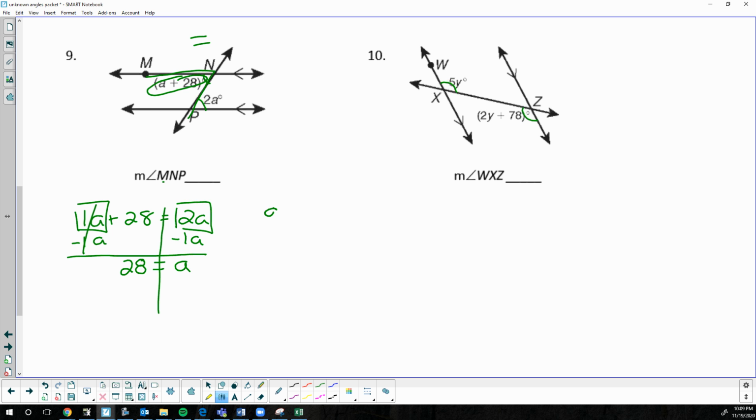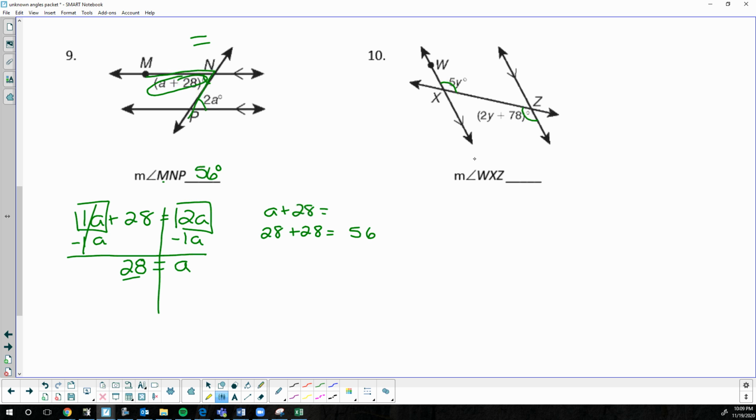So a plus 28. Anytime we see an a, we're going to put a 28. 28 plus 28, put that in the calculator, count up, do it in your head. It's 56. We now know that MNP is 56 degrees.